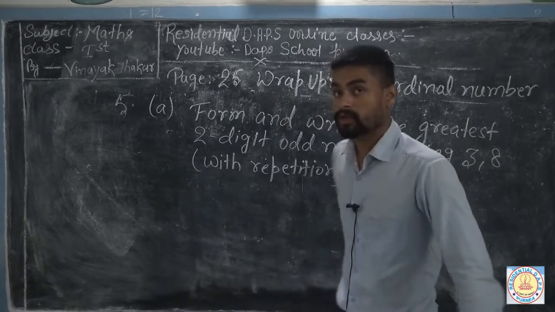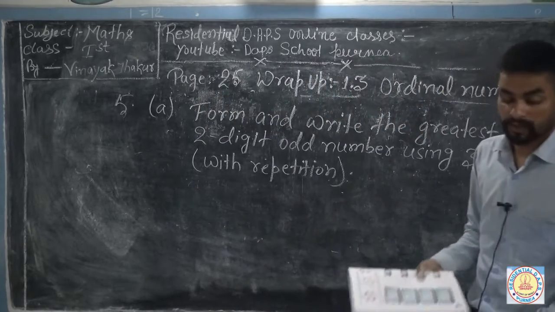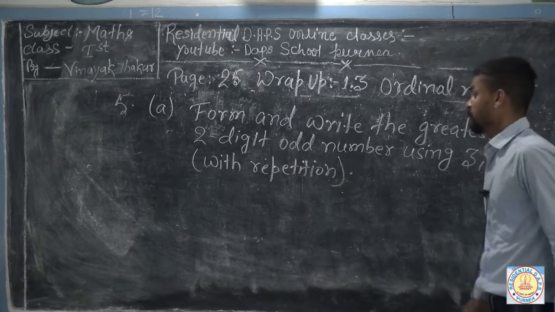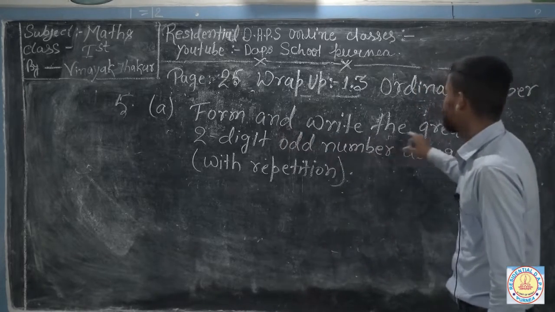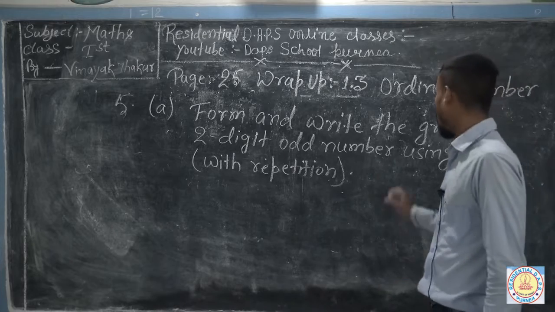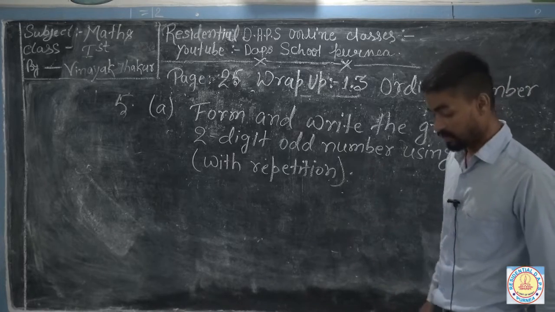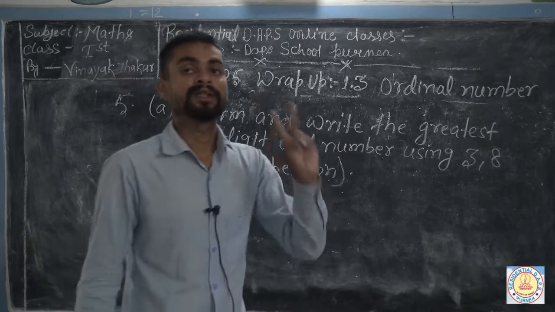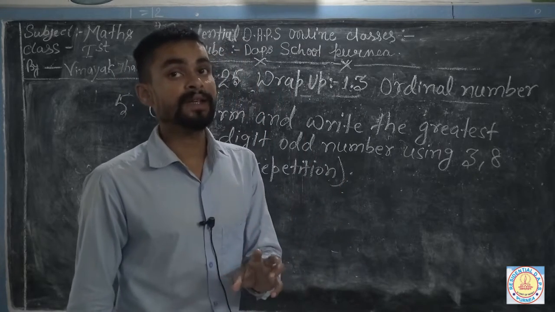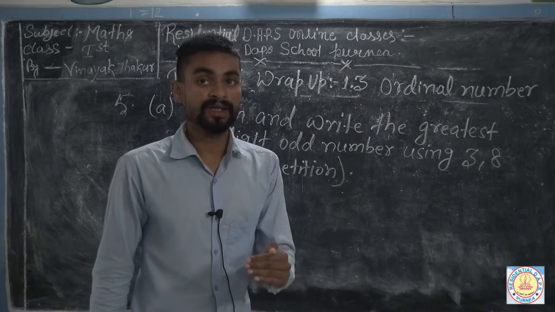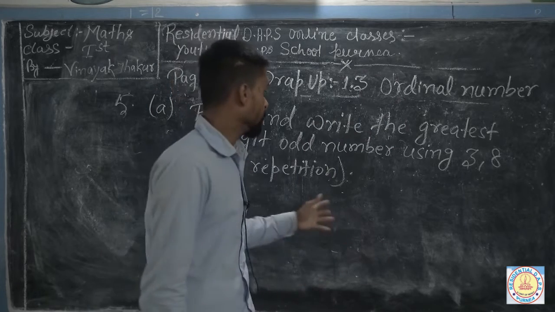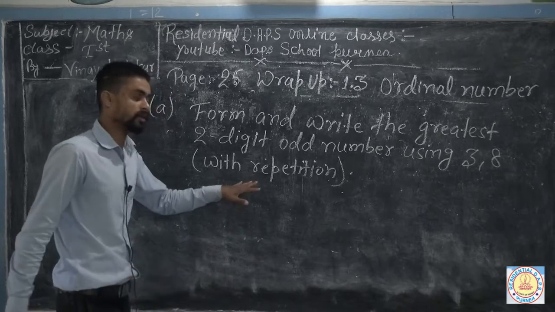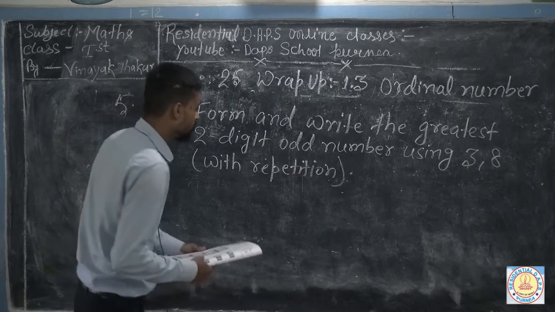So guys, this is your first question, and your first question tells us to form and write the greatest two-digit odd number using 3 and 8. You have just been given the digits 3 and 8, and you have to find out the greatest odd number by using 3 and 8. You can also repeat a number.